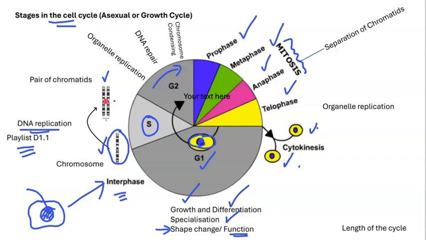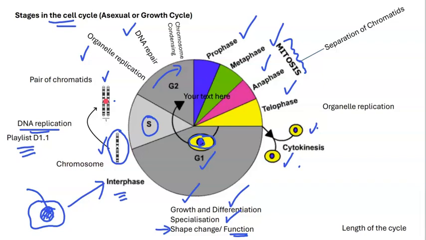G2 is characterized by the replication of organelles, including mitochondria, perhaps chloroplasts in a plant cell, and also by making sure that the DNA has been repaired and that the DNA code is correct. So DNA repair processes occur.